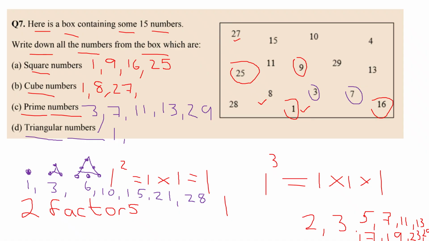If you're wondering what the nth term would be, it's a half n brackets n plus 1, I believe. Prove that for yourself if you want to, as a little challenge, but that's how you make these triangular numbers.